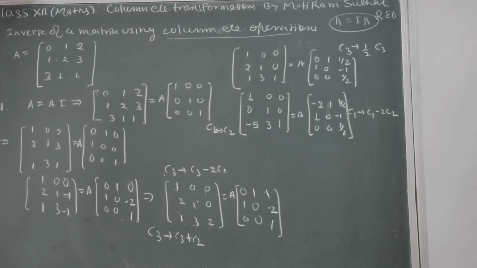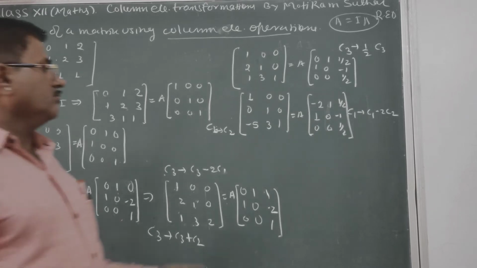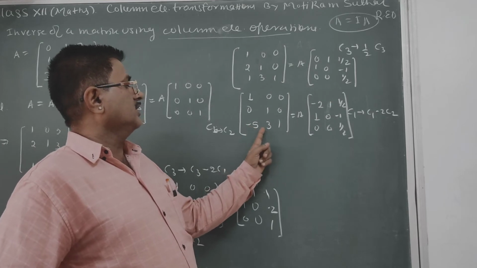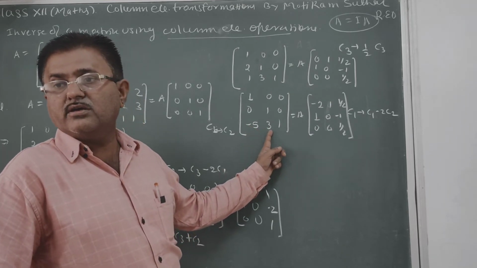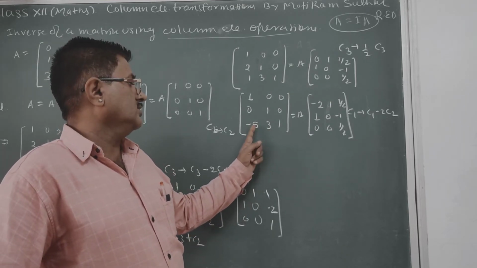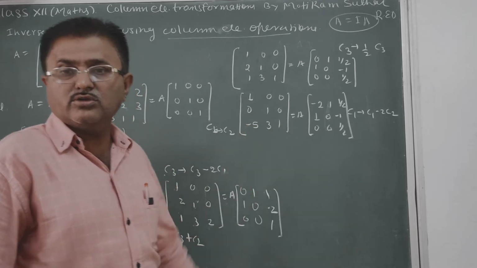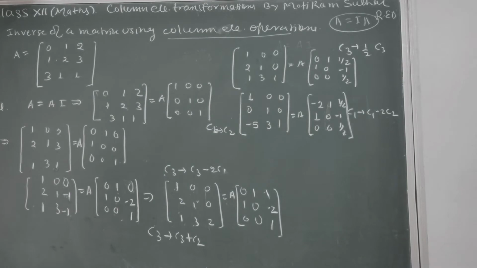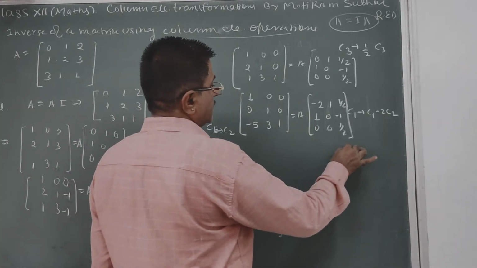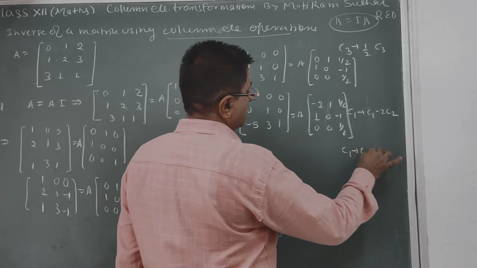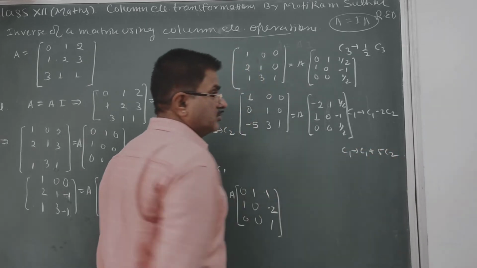Now next we are getting the element of the first and second rows exactly same as the identity matrix. Now we have to change the element -5 and 3. Now what you have to do is change both of these, -5 and 3. So you can say -5 plus 1 into 5, that will give you 0. So C1 can be written as C1 plus 5 times C2.